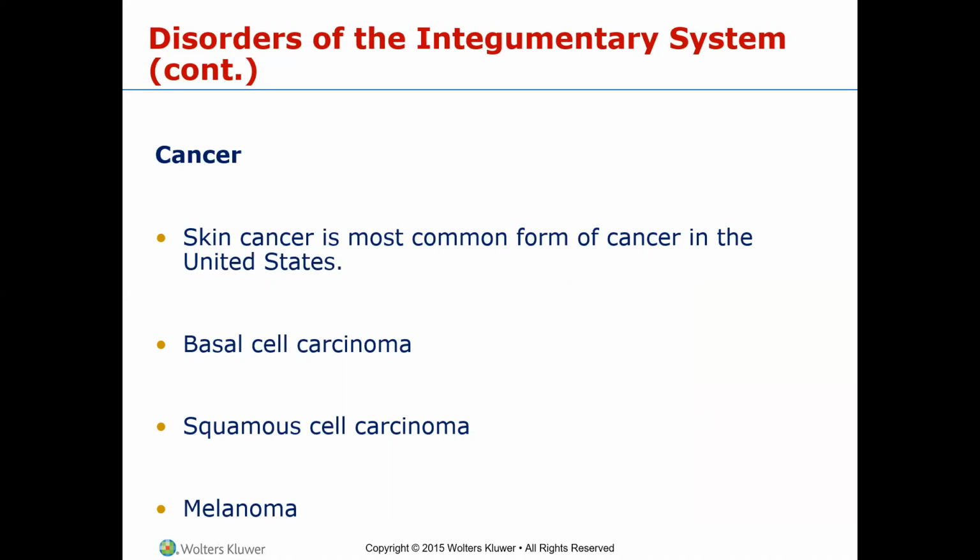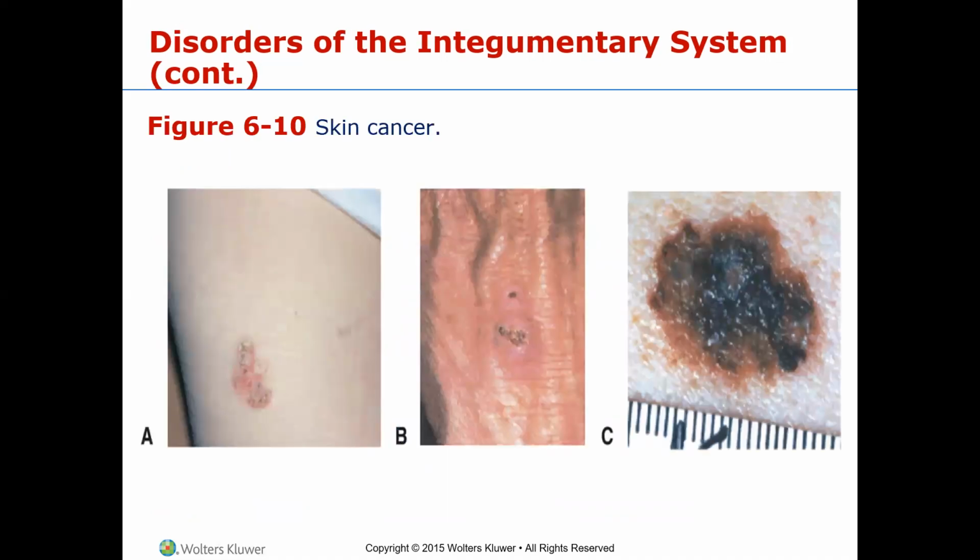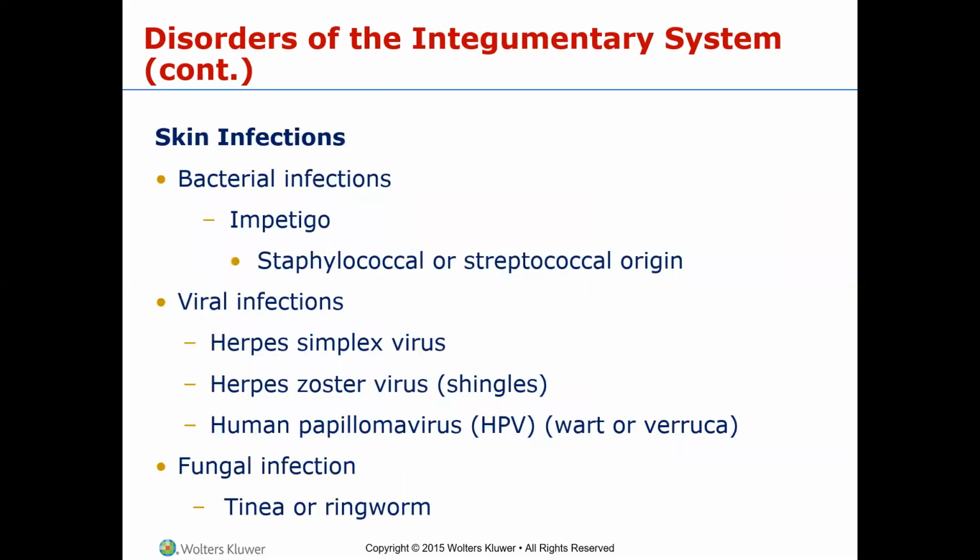These are not as severe types of carcinoma, and they have a good prognosis as compared to melanoma, which is involving the melanocytes, and that is going to be deeper within the skin. Here, if you note, you have basal cell carcinoma, then you have squamous cell, and then melanoma.